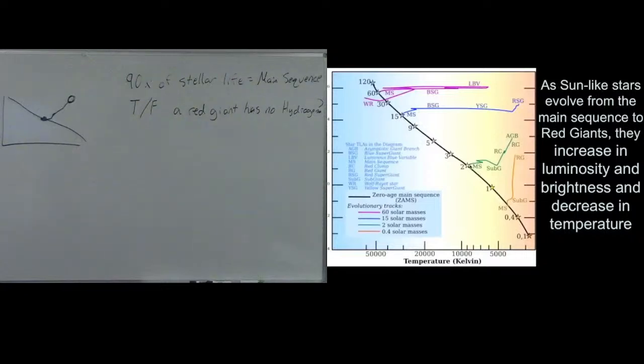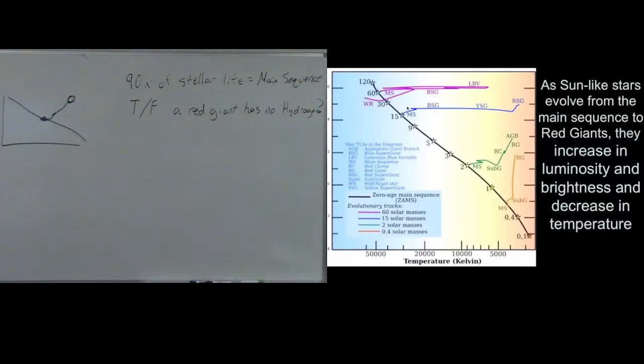What happens here is that this star will eventually expand to the point where the decrease in surface temperature in the outer layers is different from what's happening in the core. The core will eventually begin fusing helium into carbon and oxygen. And when that occurs, the star will truly be a red giant.